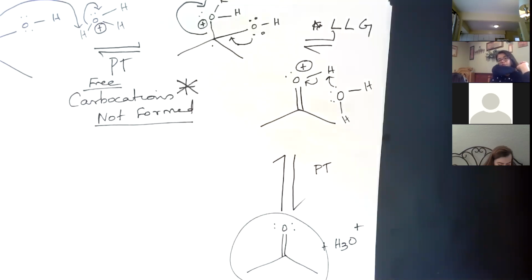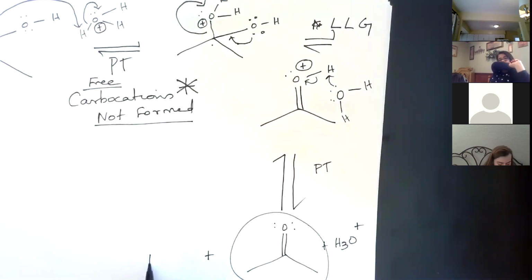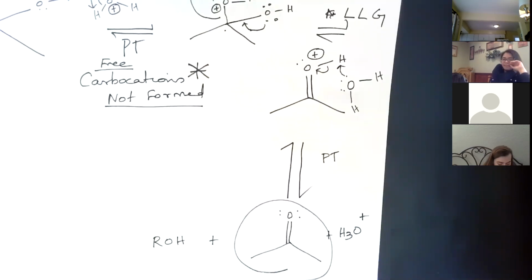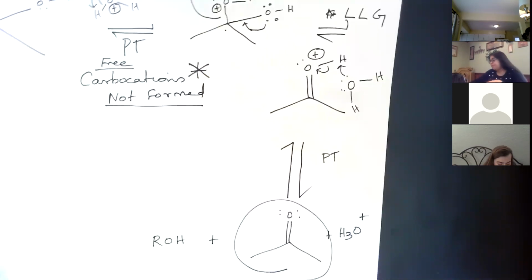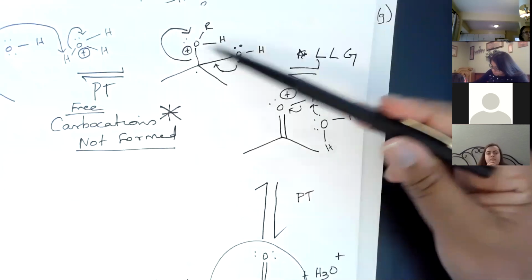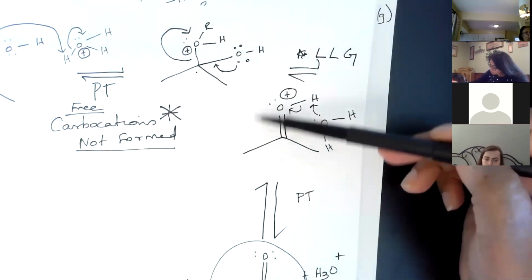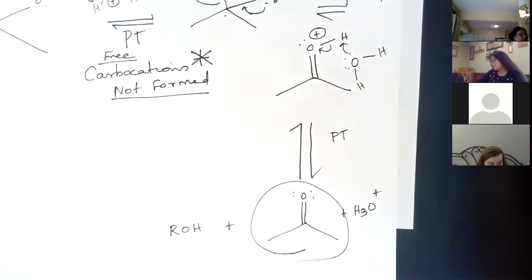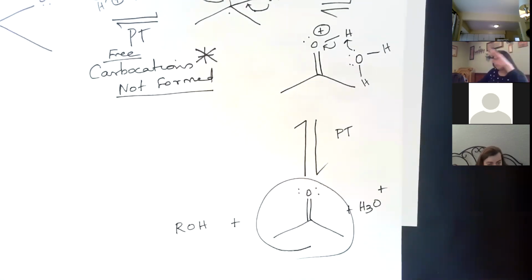I didn't keep up with this, but you get 2 ROH groups at the end. So here, you would have had an ROH group here. So don't forget when you do the mechanism. I wanted to use all the space to make it clear to you.